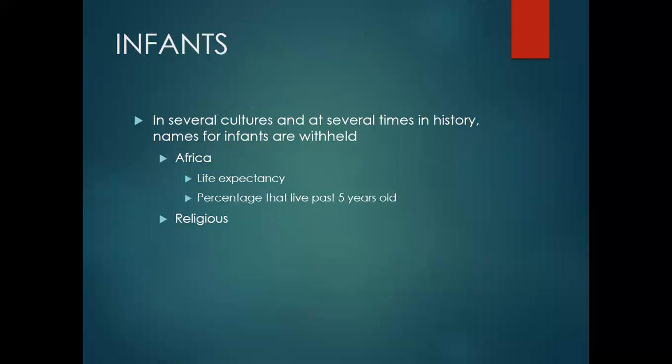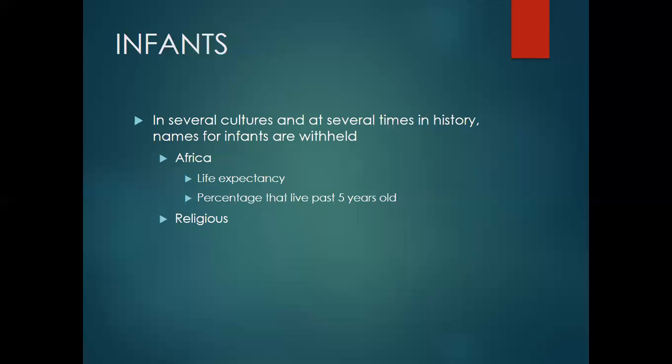Now we can look at infants, and most people don't necessarily think much about this from different perspectives, but as an example, there are many cultures that will not name an infant until a certain age. So as an example, there are cultures in Africa where a high percentage of births do not live past age 5.